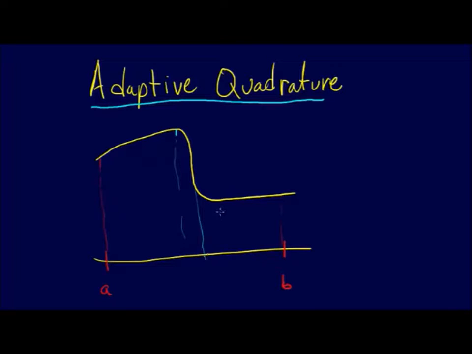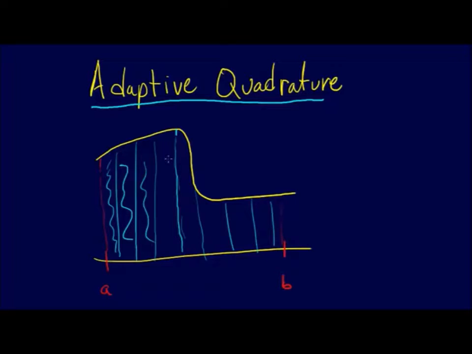So we've got to really divide it down, because until we get a small enough step size that we do a good job of capturing this behavior, our integral is going to be off. The other thing is we may not even detect that it's off.